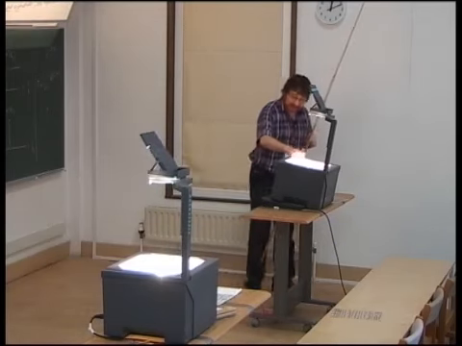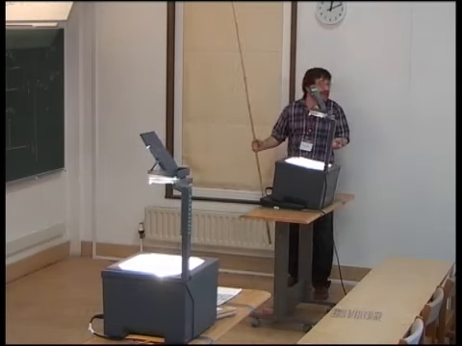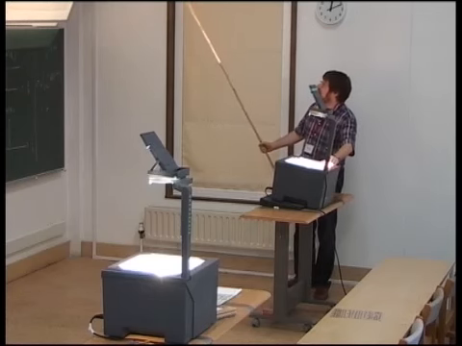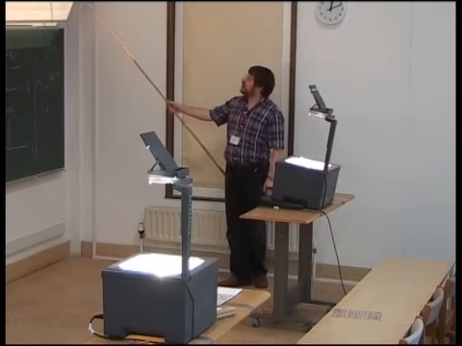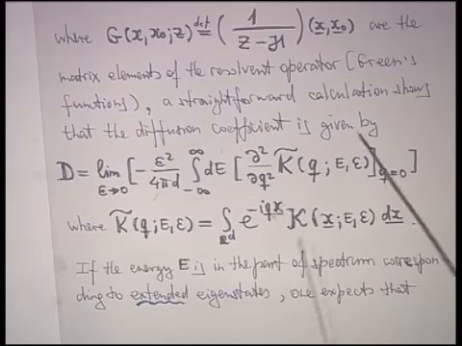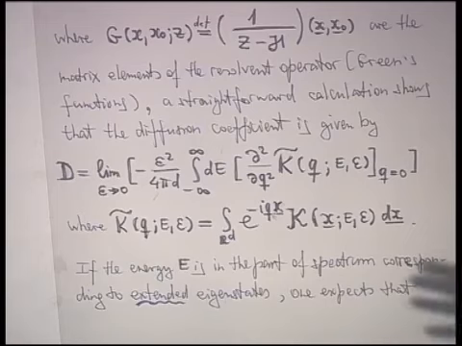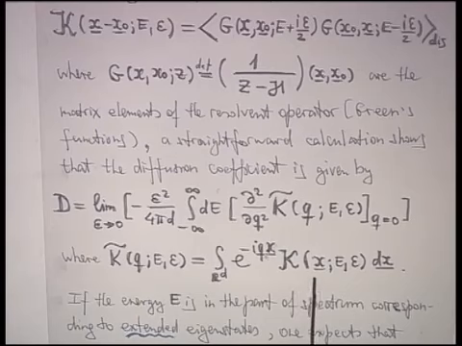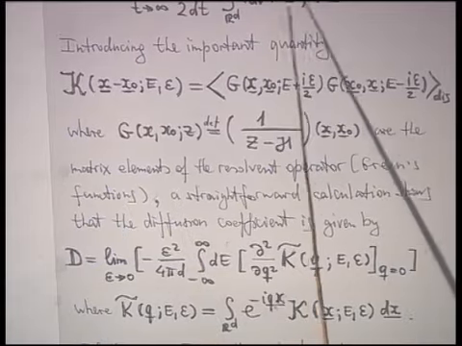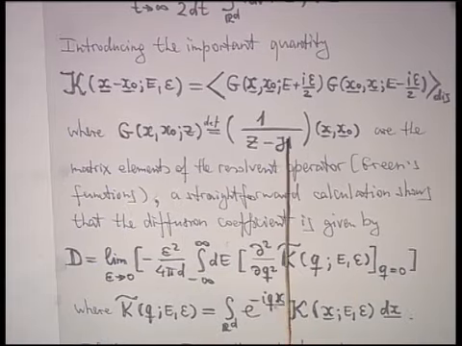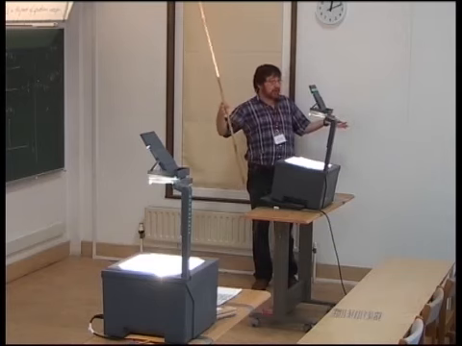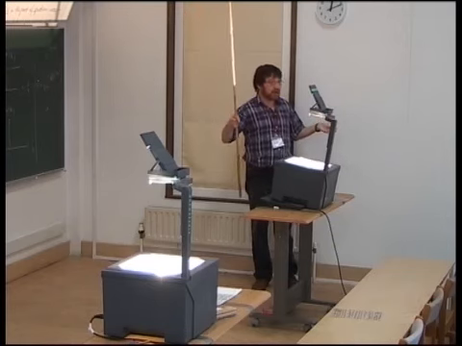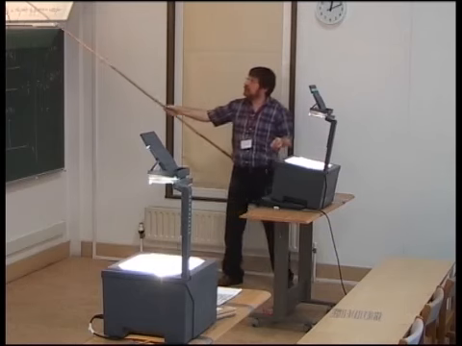Okay, a few words. It's nice that Martin started to discuss it, because this is practically what I'd like to do. Now, if the energy is in the part of the spectrum which we believe to correspond to extended states, which eventually diffuse to infinity, then we expect that this probability density at large time is nothing else but diffusion.